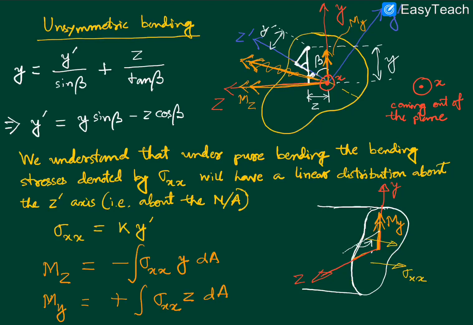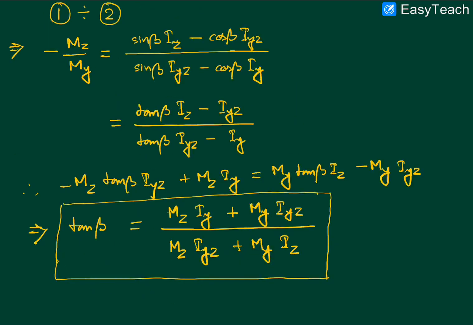So the formula that we had derived, tan beta, gives us the orientation of the neutral axis. Please note that this formula includes the geometrical parameters Iy, Iyz, Iz, as well as the values of the moments My and Mz, both in the numerator as well as in the denominator.